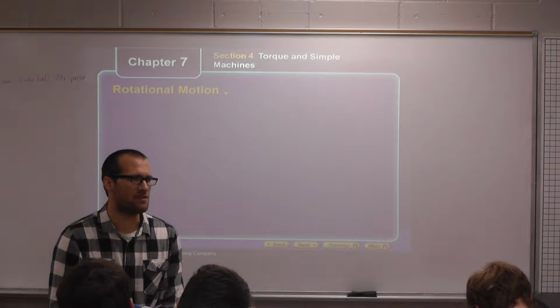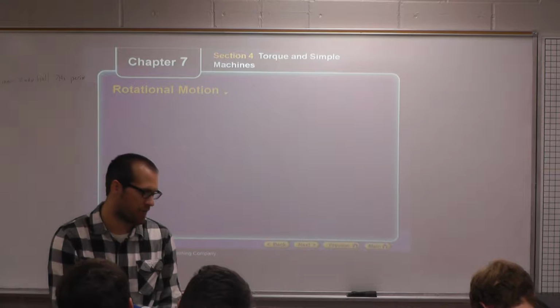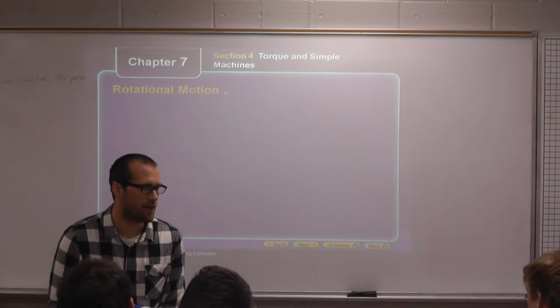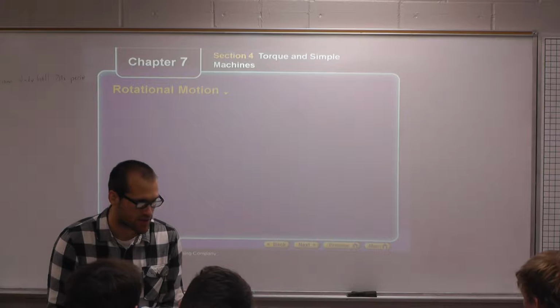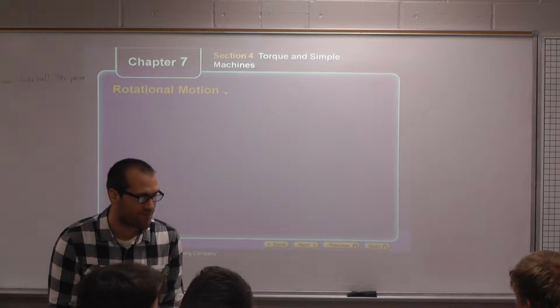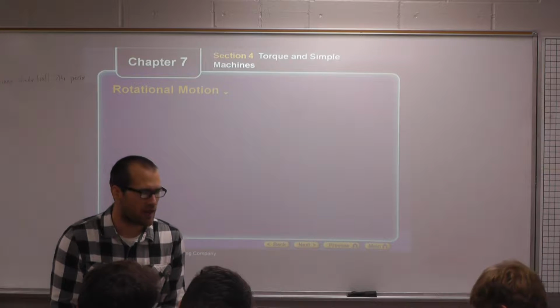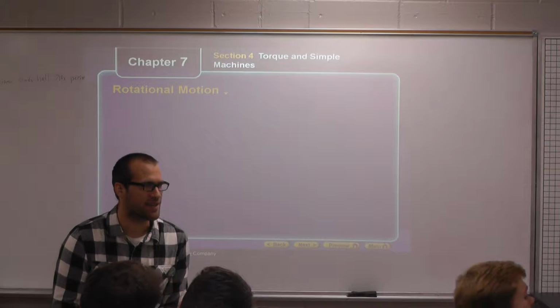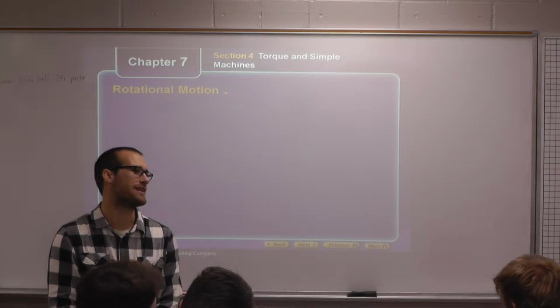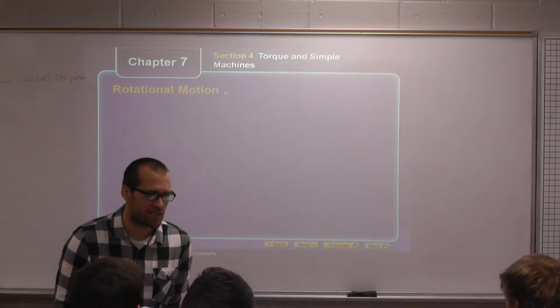So let me ask you a few questions. If you're moving at constant speed, raise your hand if you can tell me why the object is accelerating. If you're in uniform circular motion and you're not speeding up, how can the object accelerate? Constantly changing directions.